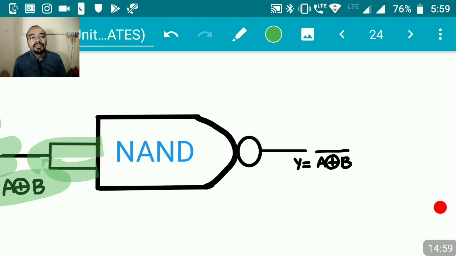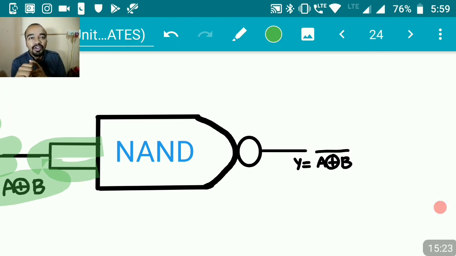In the next session we shall learn how we can realize all other logic gates using the NOR gate. The point to be mentioned here is that by using the NAND gate we were able to synthesize all the other logic gates. For example, let me list them out.